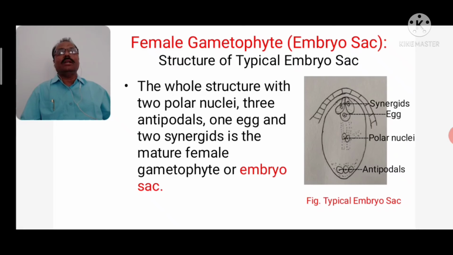Of the 3 nuclei located at the micropylar end, one serves as egg or female gamete and the other 2 as synergids. These 3 together constitute the egg apparatus. The whole structure with 2 polar nuclei, 3 antipodals, 1 egg and 2 synergids is the mature female gametophyte or embryo sac.